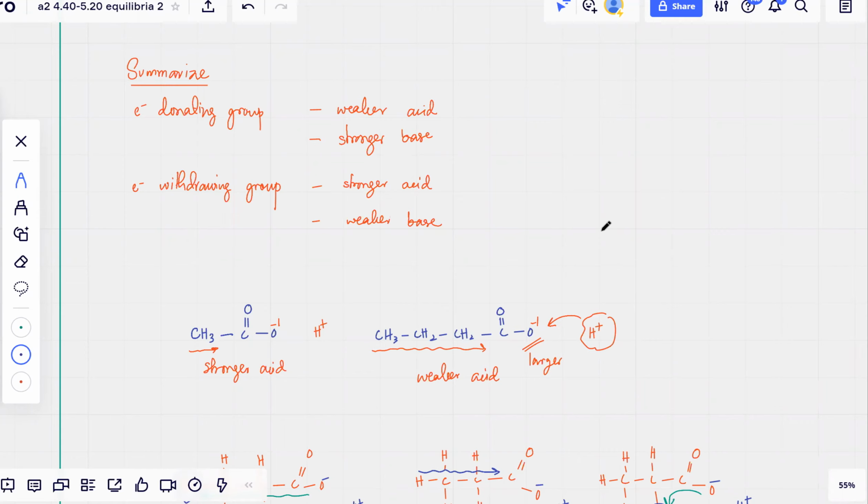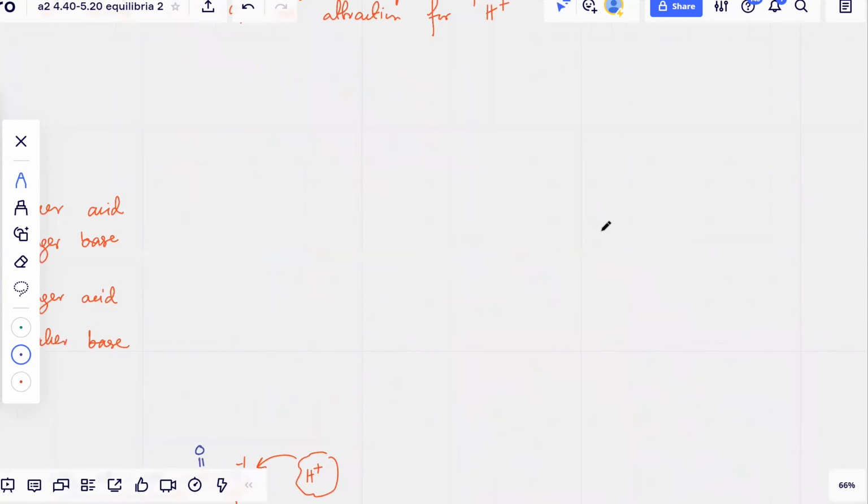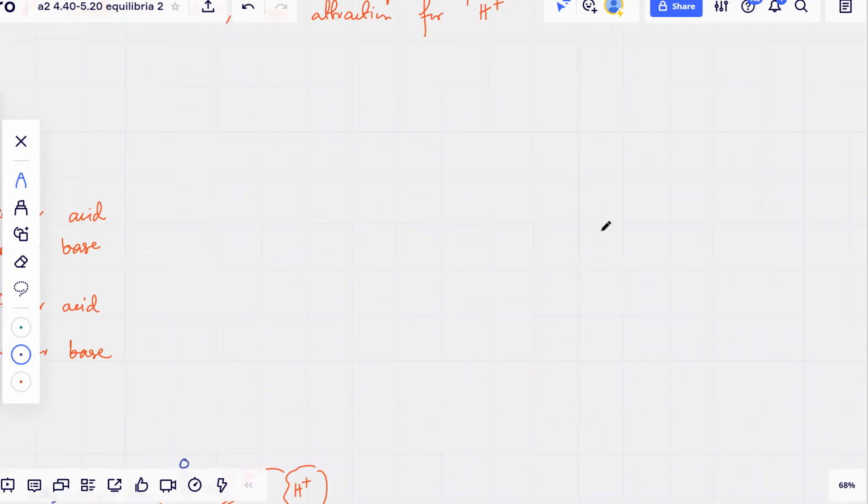But I don't think the double bond is going to have that much of an effect. I mean, they're not going to be very detail oriented. The questions would be very clear. Just remember carbon chains have an electron donating effect.